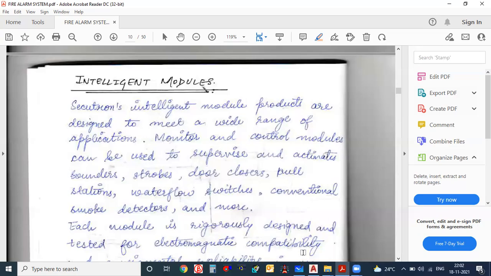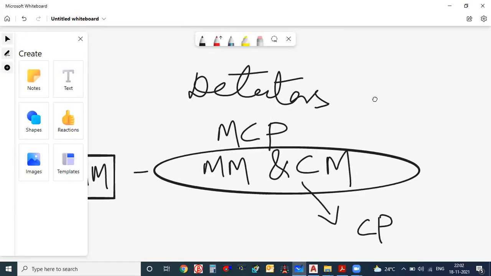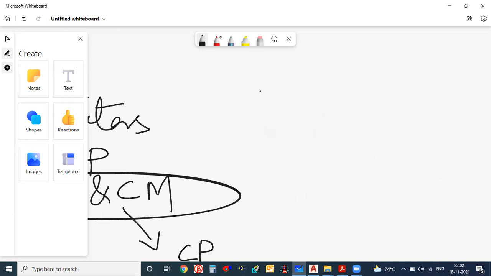Normally, if you see in HVAC, we go with the dampers, fire dampers, but it's up to the project and the cost of the project.